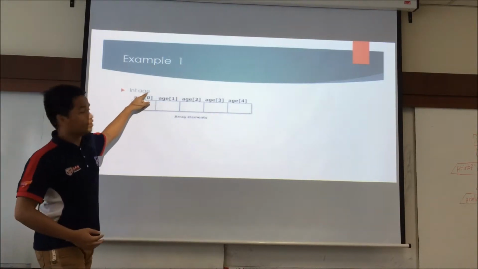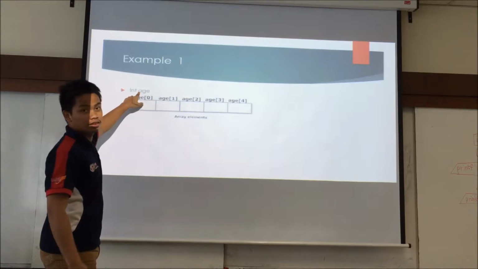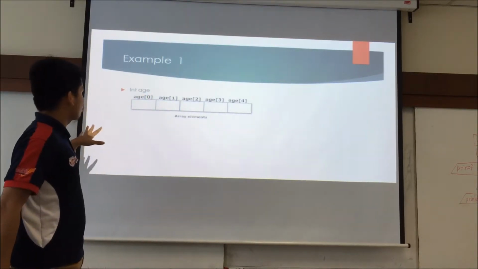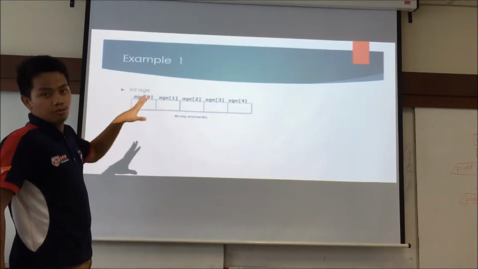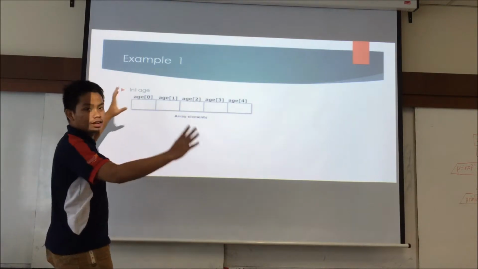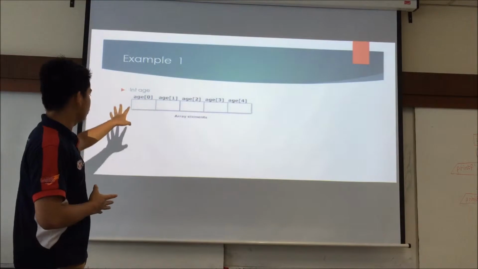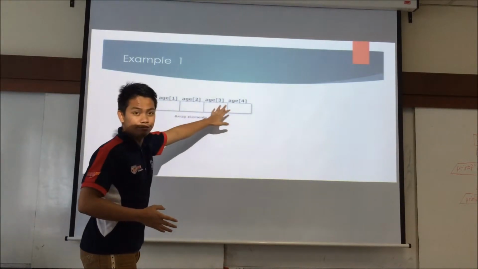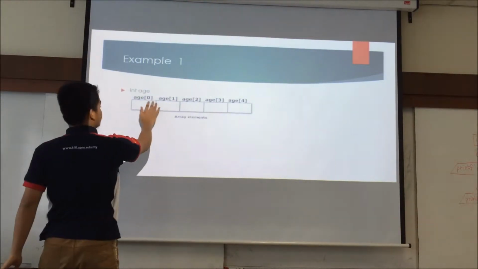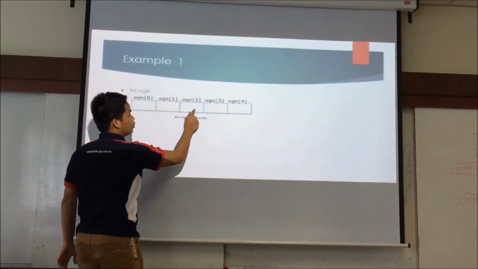First, we declare integer age, and for example, the array we want to save 5. Then the program will make columns, and we save the numbers here: 1, 2, 3, 4.